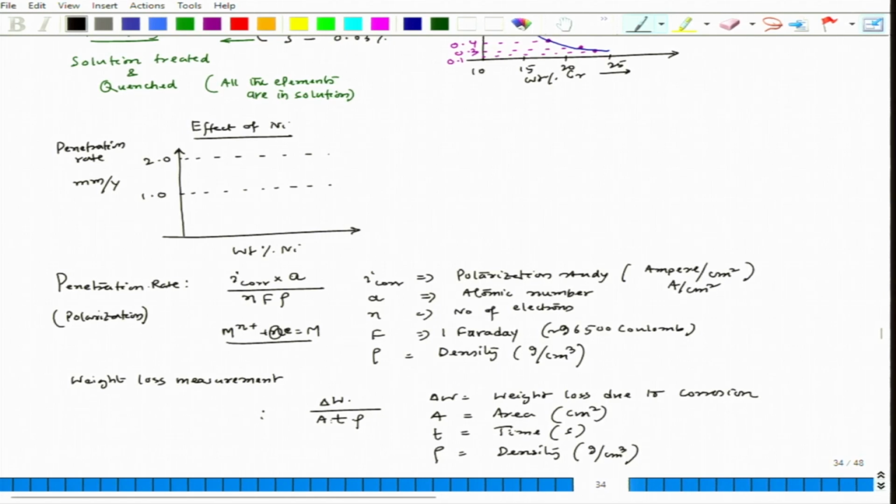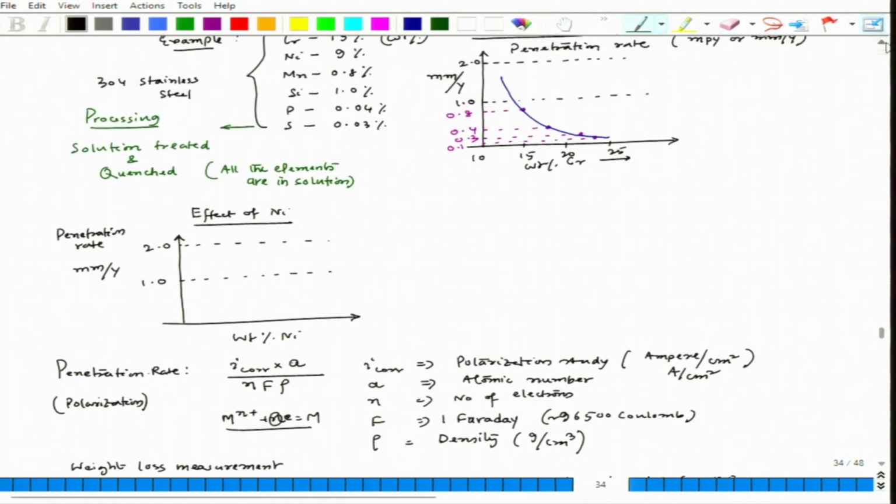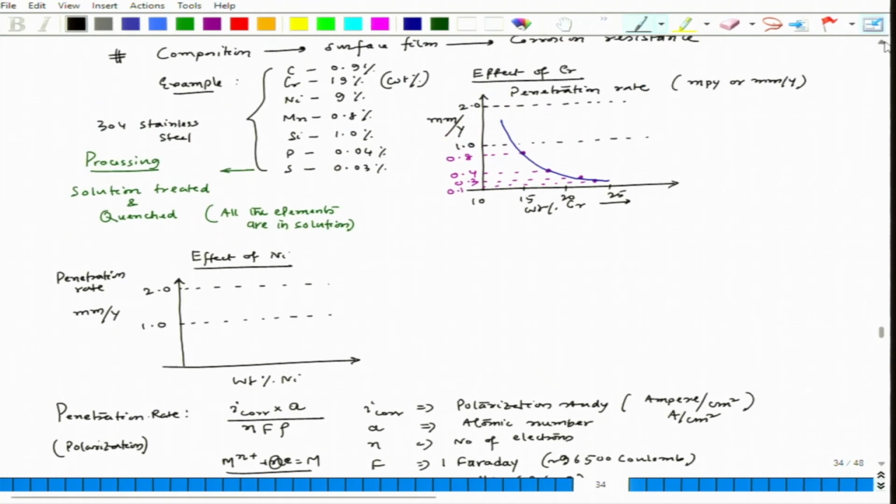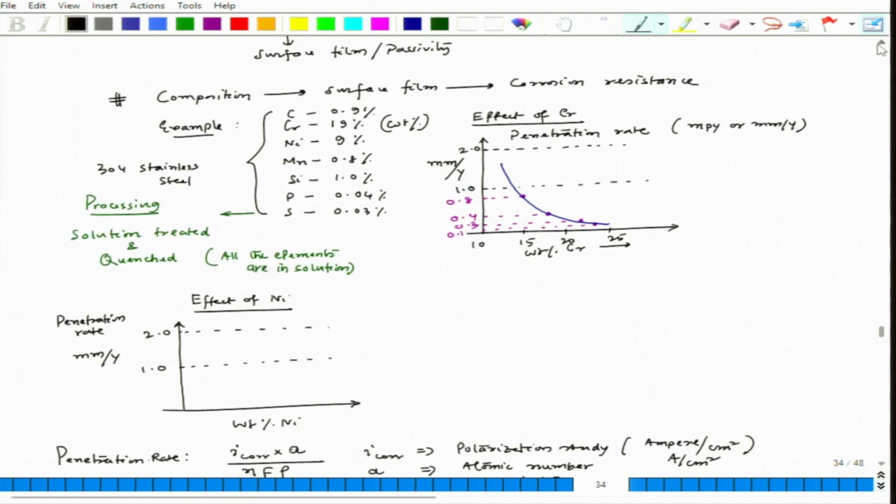Now, if we talk about the effect of nickel on the penetration depth, in fact, we missed one thing. When we talk about this penetration depth, we have to talk about the corrosive. We missed that. So, the corrosive is here.